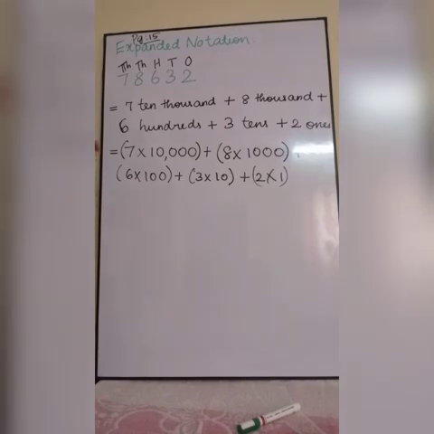Listen carefully. The first method is 7 10,000s, 8,000s, 600s plus 3 tens plus 2 ones. Like that you will write it.